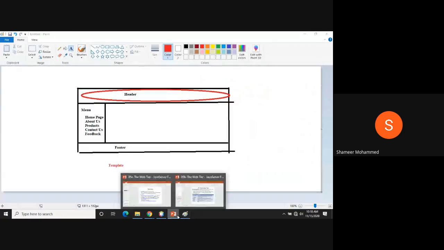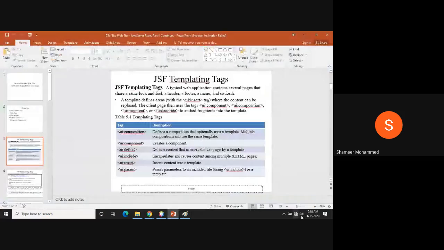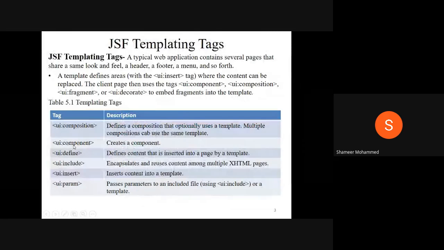Okay. Then ui:component. So to create a component, we can use this tag. Component means like you have input text box, a text area, button. These are all components. So if you want to create a component, something like that, you can use this one.